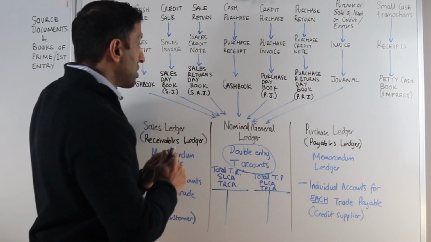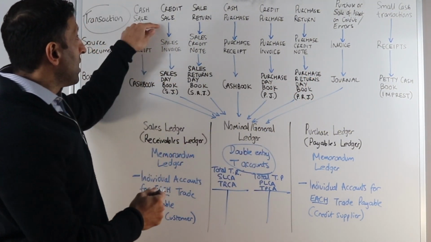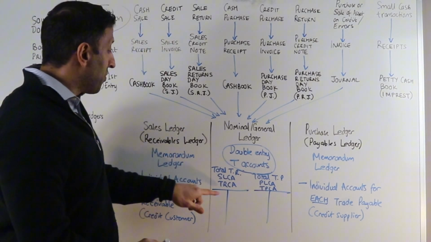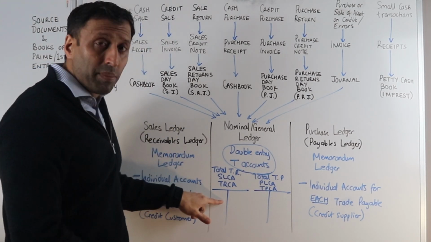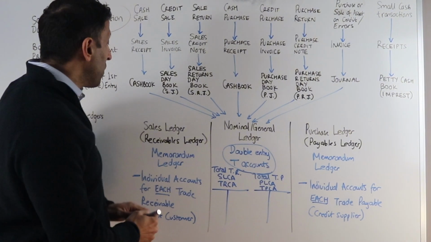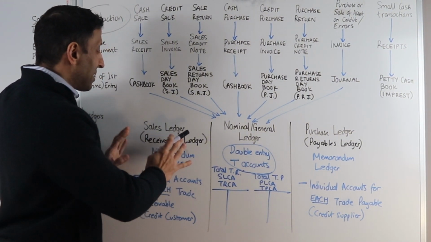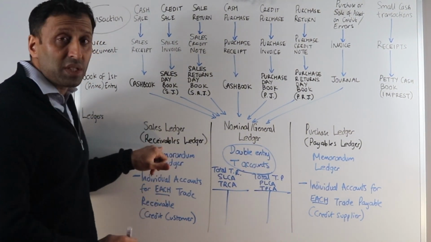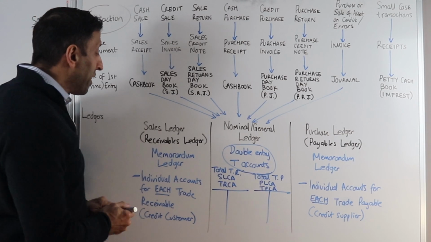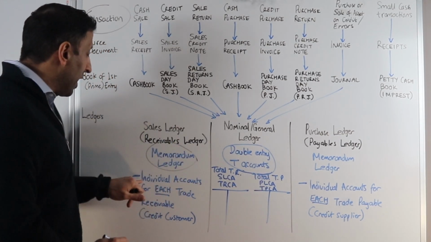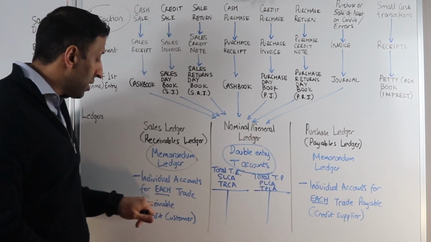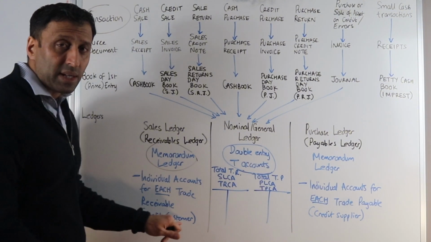And some of these transactions, such as when we make sales on credit, will obviously affect the trade receivables account. But then we also have a sales ledger, which is sometimes known as the receivables ledger, which is a memorandum ledger, where we have individual accounts for each trade receivable or each credit customer.